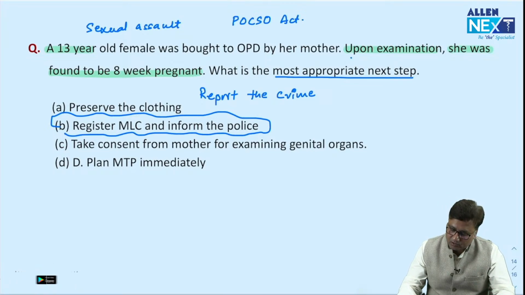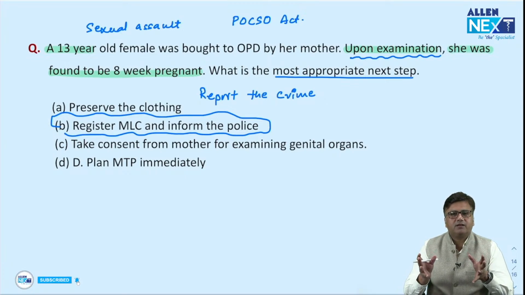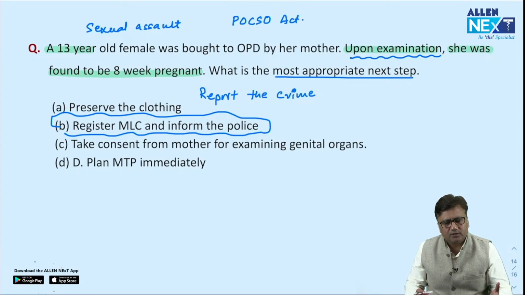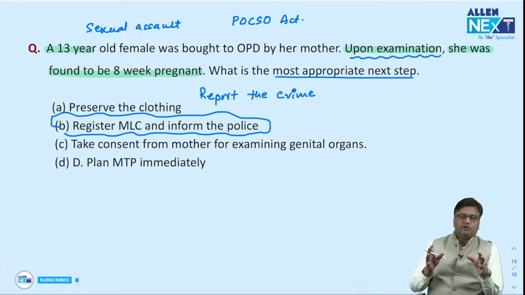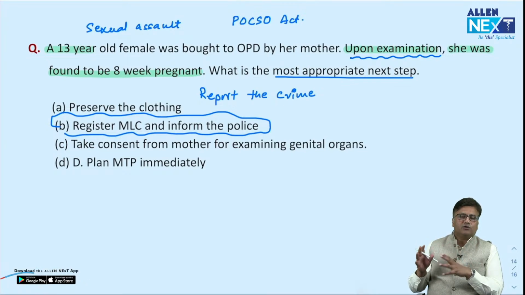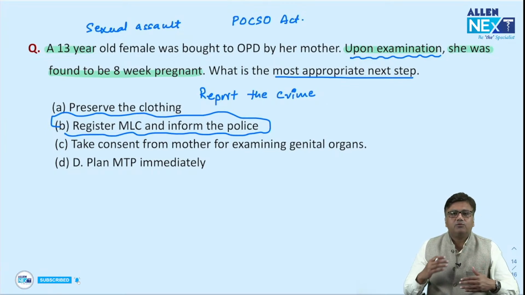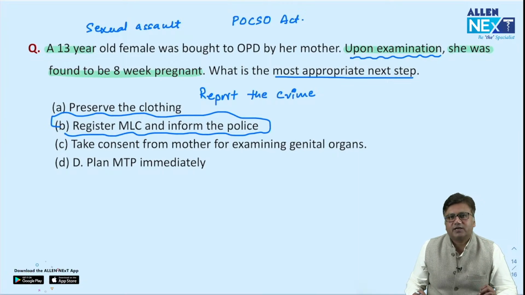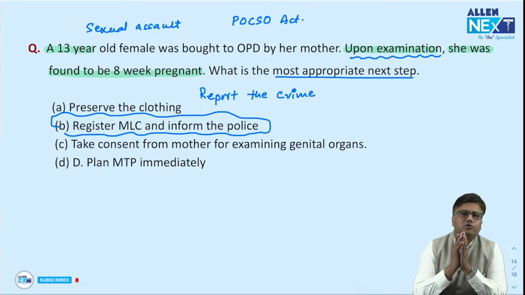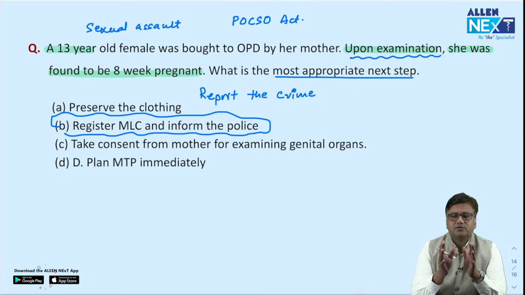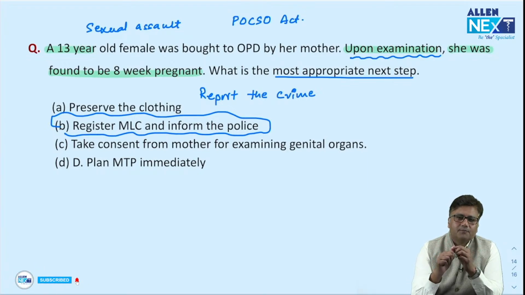If you noticed, upon examination, that is the basic UPT examination, the consent would already have been taken. Because here the genitalia will be examined, for which she needs to be undressed, it would be appropriate to take the consent of the guardian along. But that is again a later step when you move into the examination of the child. The first appropriate step is to report the crime. As a doctor, we should always know, take this as a thumb rule, whenever it comes to sexual crime, the doctors are supposed to report the crime.